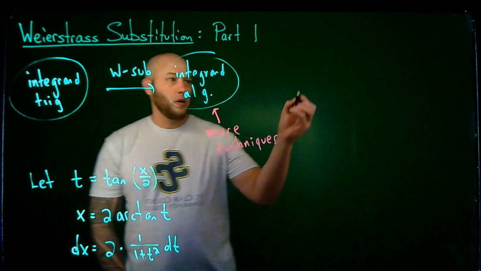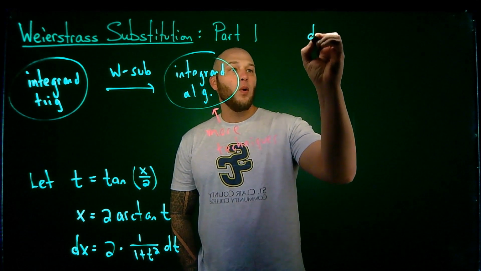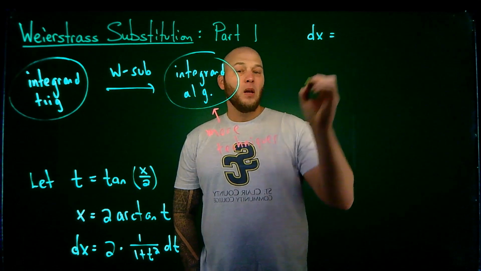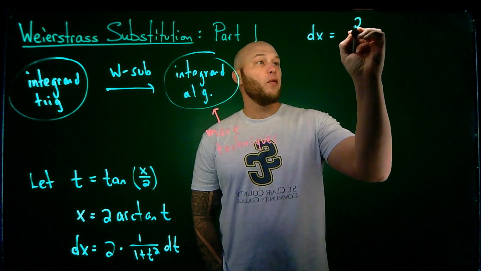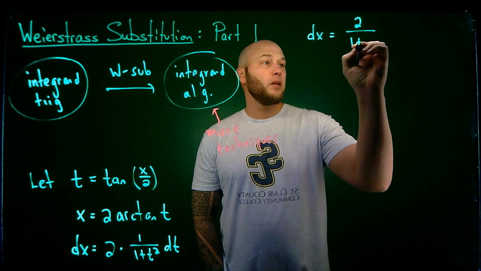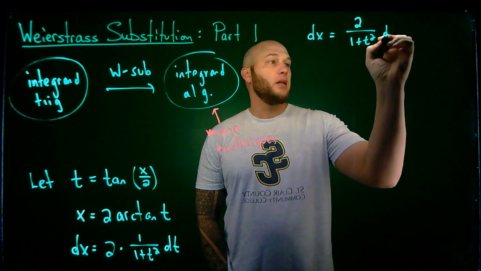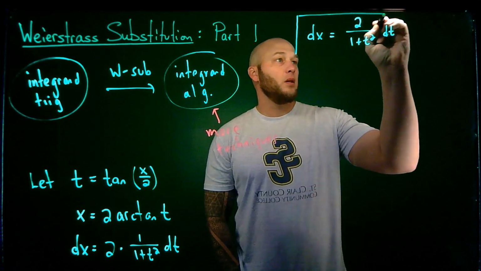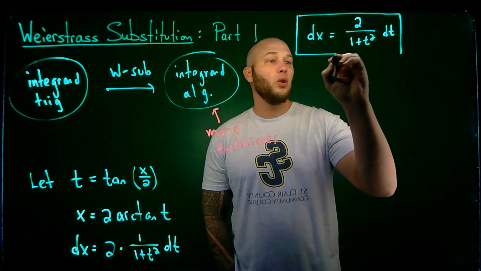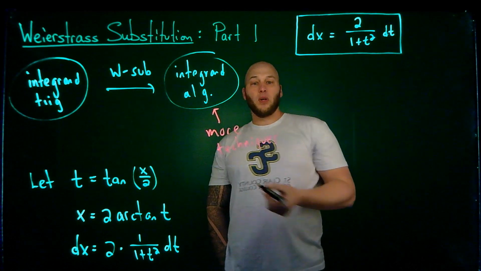Let me clean that up a little bit. Therefore, when I do my substitution, I'm going to replace dx with 2 over 1 plus t squared dt. So this is the substitution for the differential in the original integral.